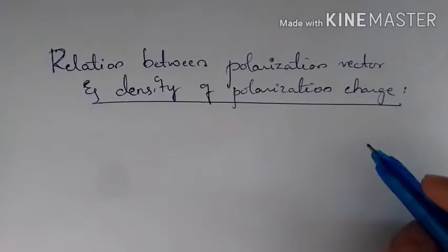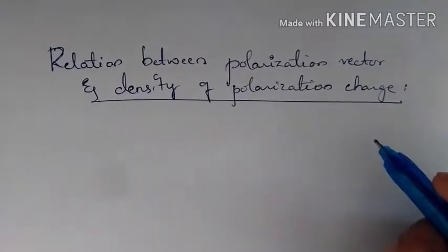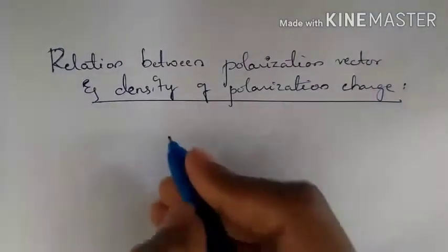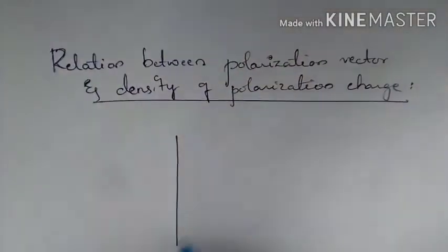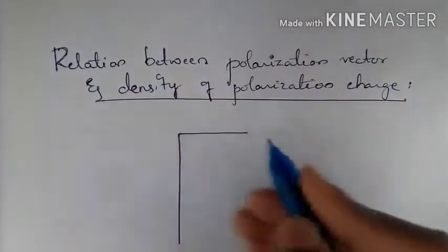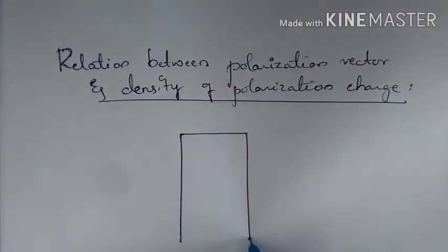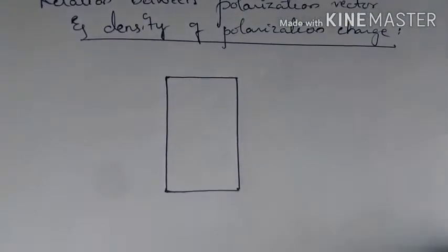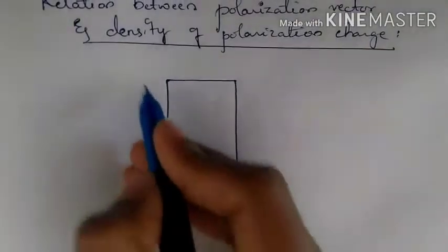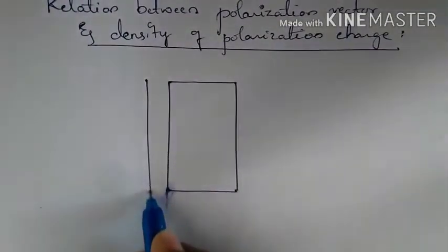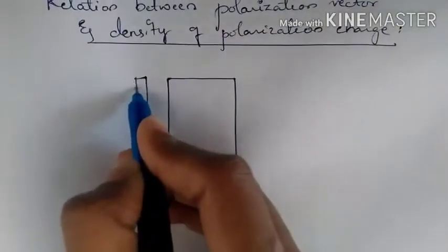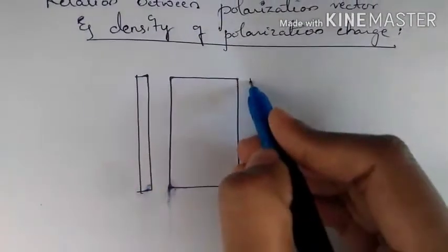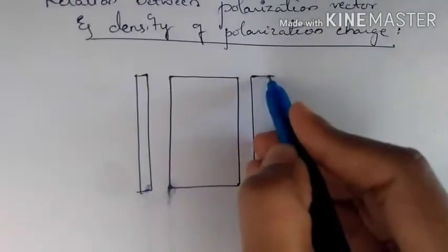To understand this, let us first consider a dielectric slab. So you have a dielectric slab which is kept in between the two charged plates. So let's say this is positively charged plate and this is negatively charged plate.